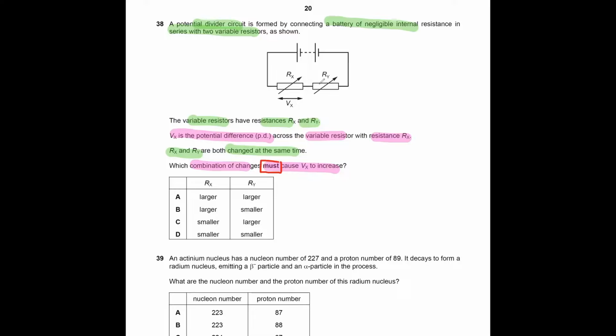Okay, so this is talking about a potential divider circuit. You have two resistance values there. Which combination is going to cause your Vx to increase? There are three things that you can see from the diagram.